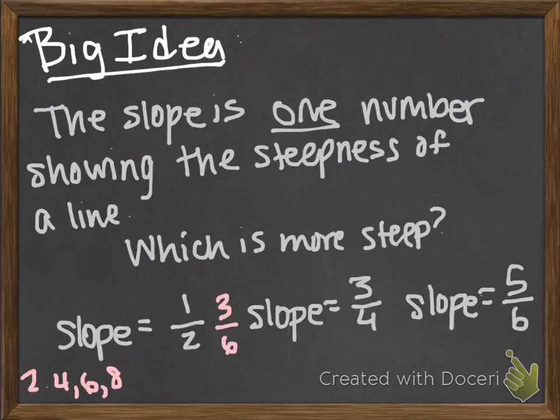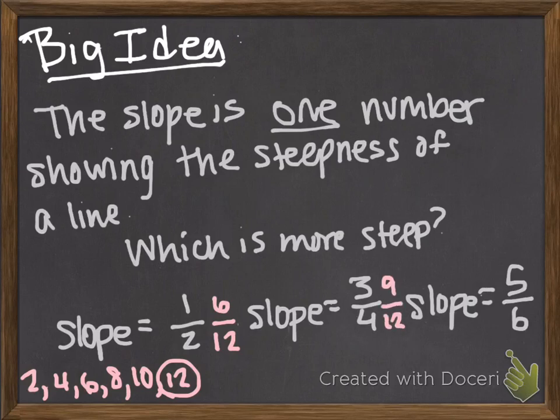Let me erase this. 8 is a multiple of 4, but not of 6. Then we have 10 and 12. 12 is the least common multiple that we're looking for. So we have 6/12, 9/12, and 10/12. So our slope with 5/6 is the most steep.